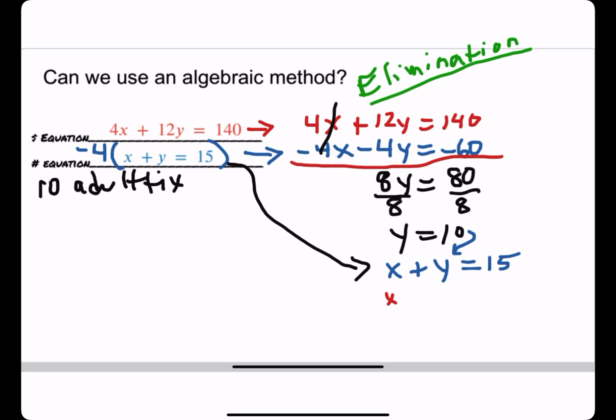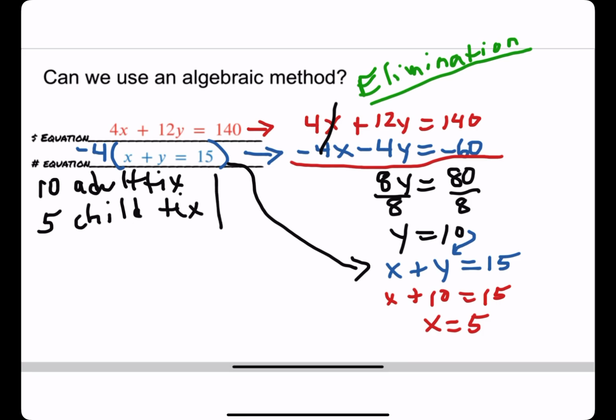And I'll have x plus 10 equals 15. Subtract 10 from both sides, I'll get x equals 5. If you remember, x was the number of child tickets, so there are 5 child tickets. Same answer, seems to be a little bit easier to solve using algebra.